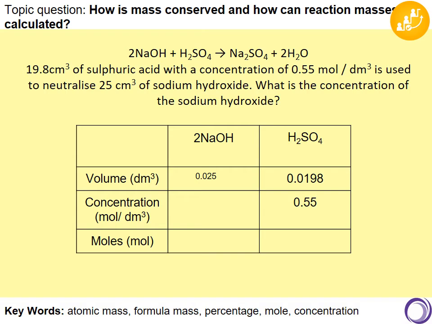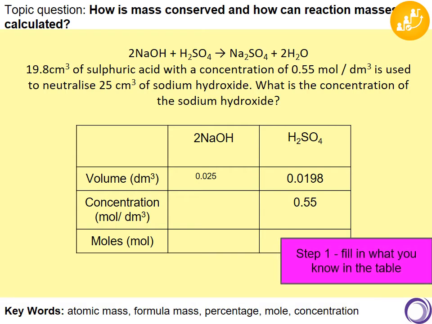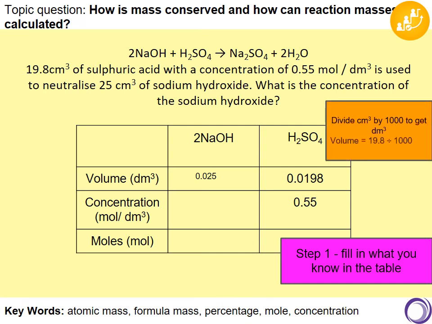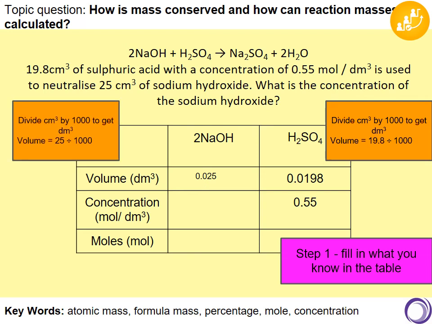So the first thing is we fill in our table with everything we know, and you can see that I have also remembered to divide my volumes by 1,000 because in the question they're given to us in centimetres cubed, but we need to have them in decimetres cubed. So for both of the volumes I have divided them by 1,000 to calculate them in decimetres cubed.